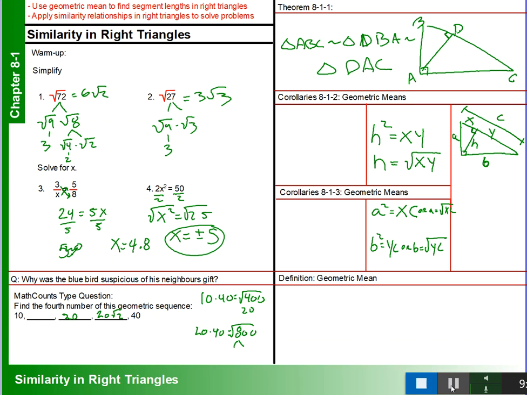In other words, if we have this proportion, a over x is equal to x over b, using cross multiplication, just like we did here, we will end up with x squared is equal to ab. So the geometric mean of a and b is the positive number x such that x is equal to the square root of ab, or x squared is equal to ab. And so that's what we're going to be working on today to solve problems.